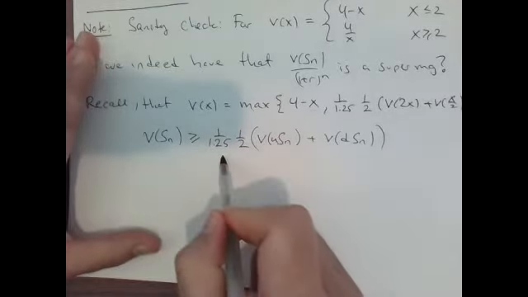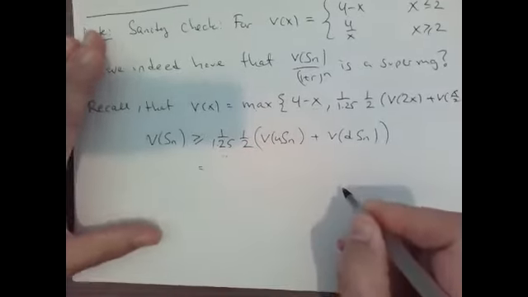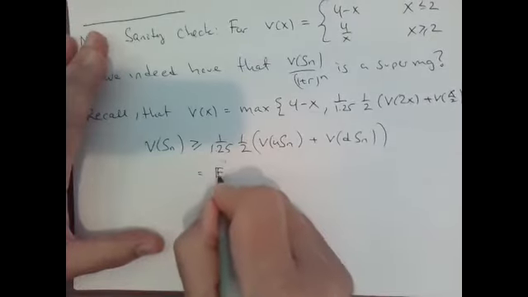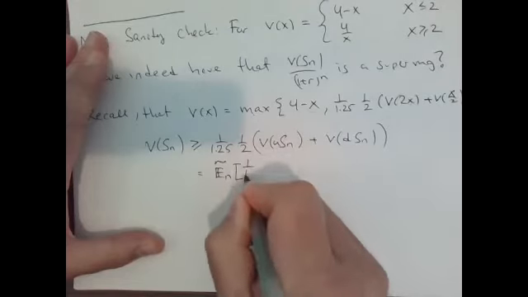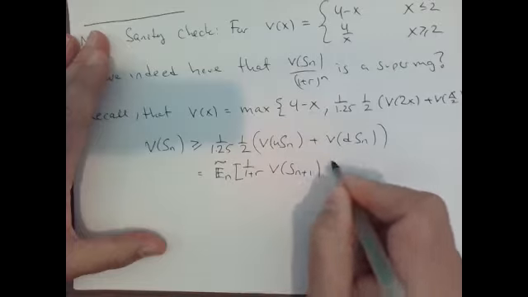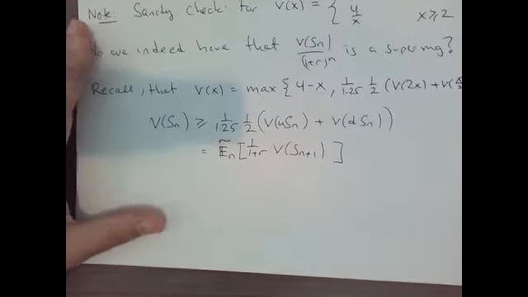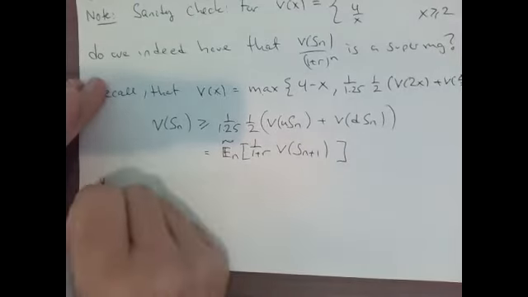And what I have here is exactly equal to the conditional expectation under the tilde measure of 1 over 1 plus r times V of Sn plus 1, which is the super martingale property.